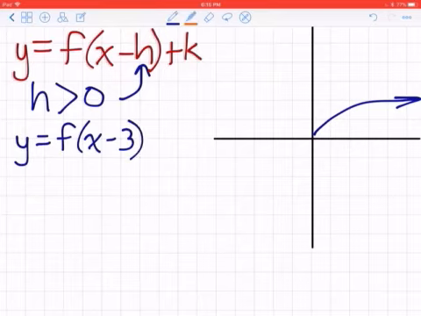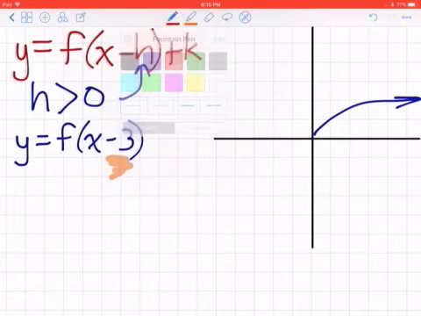Now we look at that and we might think because this is negative 3 here that h is negative, but it's actually not negative. H is positive in this case because we're saying x minus whatever the value of h is. So if x minus 3, then h is 3. And if h is positive, then it's going to move to the right 3 units.